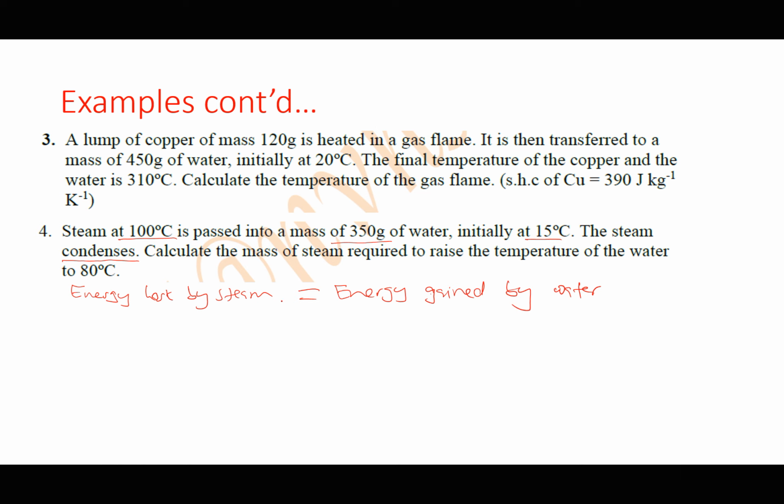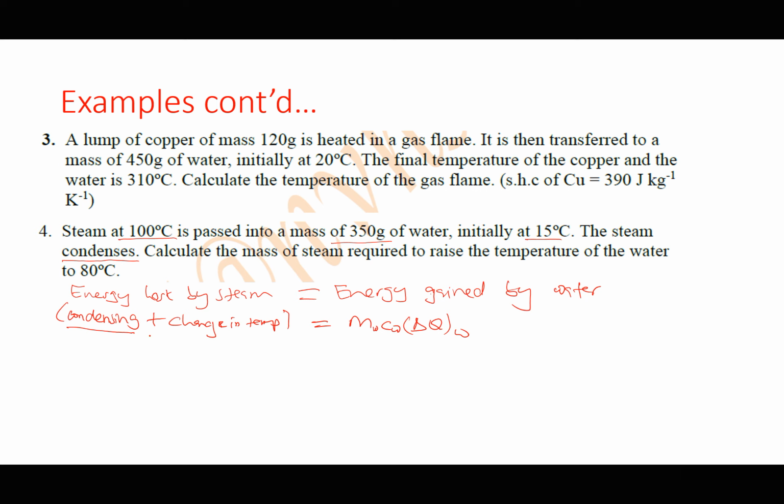So the energy lost by the steam is in condensing, during which the temperature remains constant, and then part of it is the change in temperature of the steam. This should be equal to the energy gained by the water, which is the mass of the water, specific heat capacity of the water, times the change in temperature for the water.